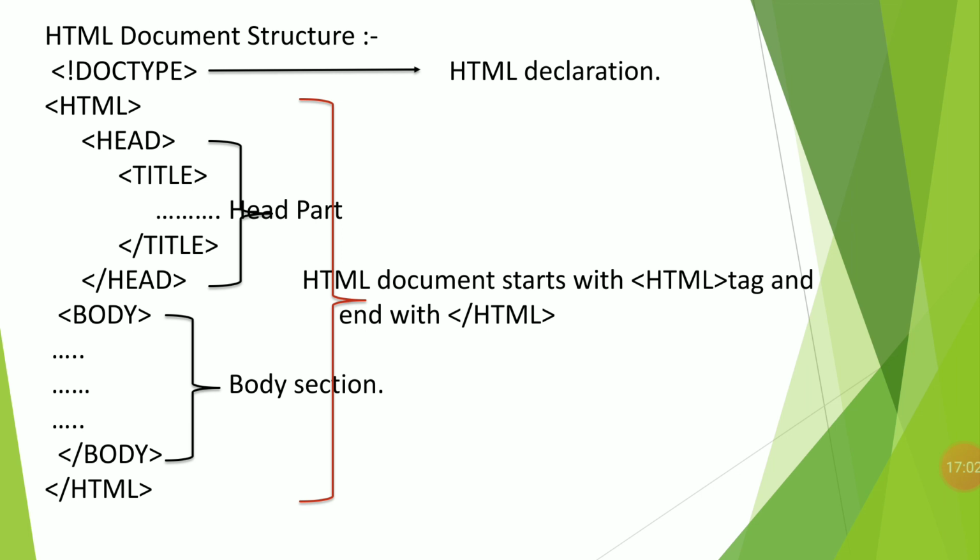Next, the head part is there, the title part is there. Inside the head part we mention all the styles and the title of our web page. In the title we provide the title of our web page, and in the body section we describe the body of our web page. So this is the simple structure of how your HTML document looks.